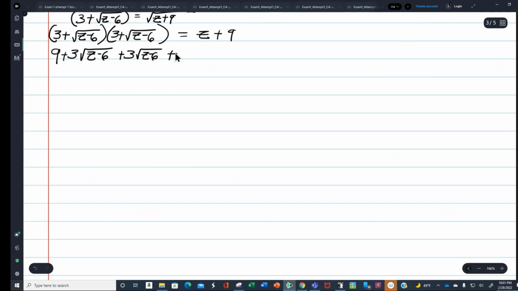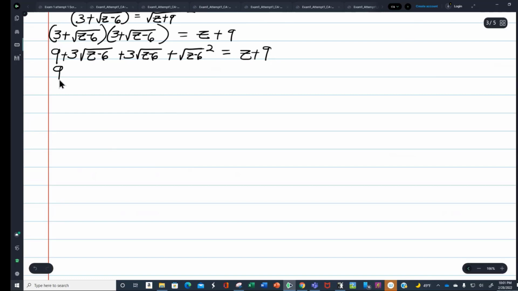And then plus the square root of z minus 6 times plus the square root of z minus 6 is plus the square root of z minus 6 squared equals z plus 9.